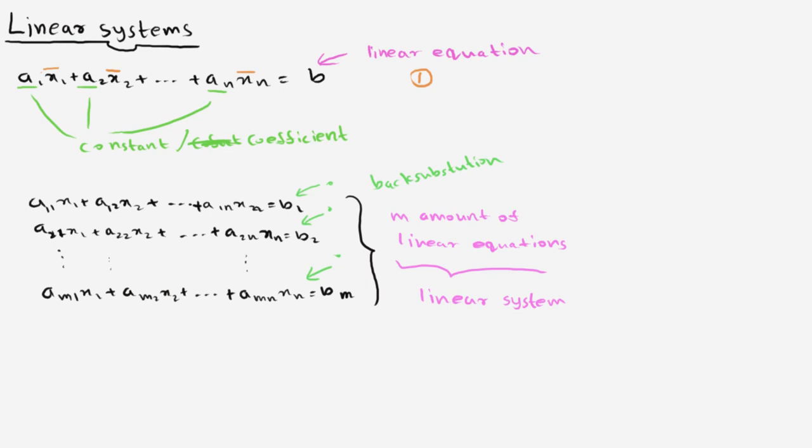But let's say we have 10 equations, so maybe it will take some time, but we can solve it. Let's say we have 100 equations. Now it is kind of difficult, and let's say we have 10,000 equations, and it is impossible to solve in a given time.